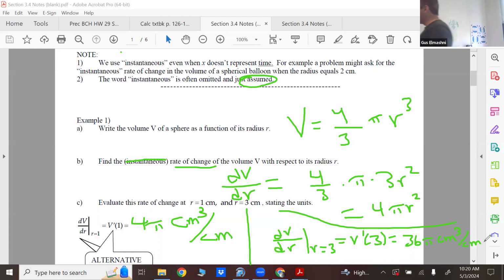Okay, so what does this mean? These units, why not just put centimeters squared, right? Why put centimeter cubed over centimeters? Because we want to very intentionally say, I'm changing the volume with respect to the radius.